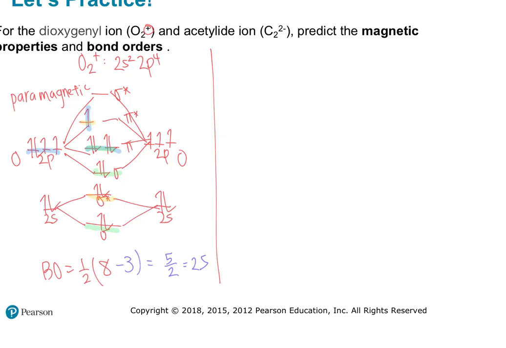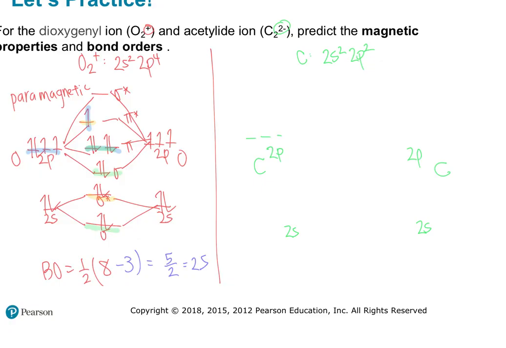Let's do this one in green. For C2 2 minus, we have 2 extra electrons, so keep that in mind. For carbon, the electron configuration is 2s2, 2p2. Again, we'll have 1 carbon here, 1 carbon here, with the 2s and the 2s, and the 2p and the 2p.